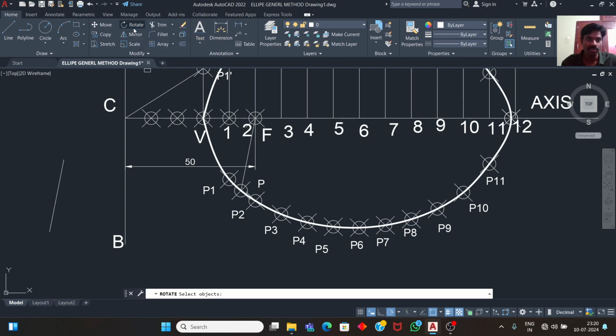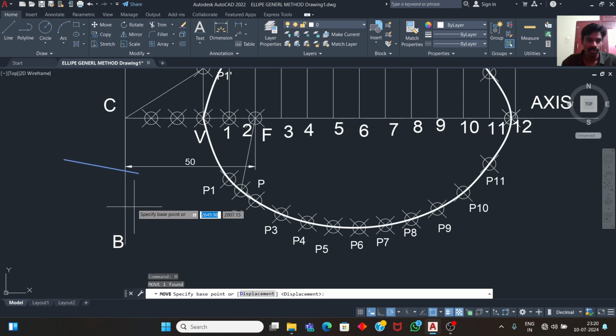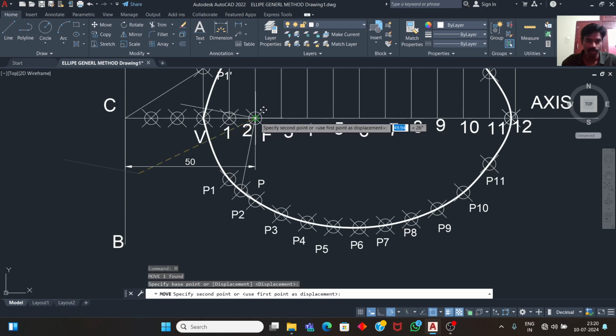Click on rotate, select the object and press enter, click a base point anywhere, and enter the value 90. So the line is rotated by 90 degrees. Move this line by using the move command to this focus point.